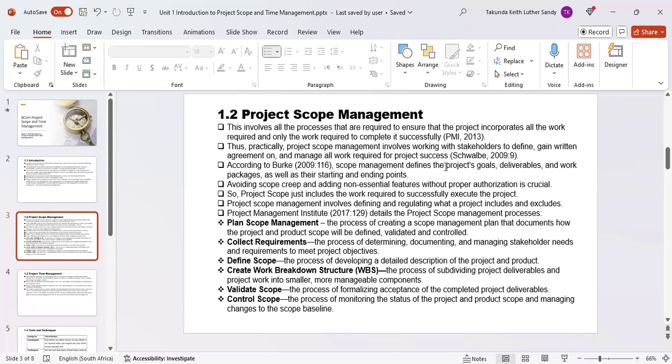Then validate scope. There you'll be formalizing the acceptance of the completed project deliverables that you would have come up with. Then control scope is the last process. You'll be monitoring the status of your project and product scope, as well as managing any changes that might happen to the scope baseline.